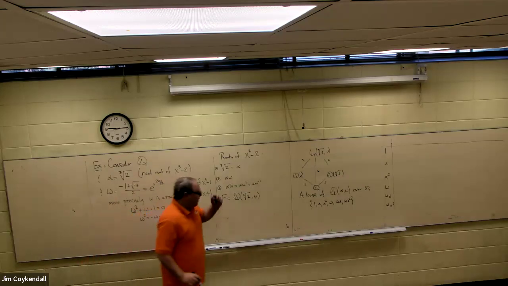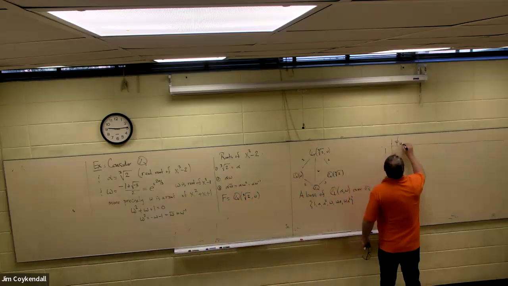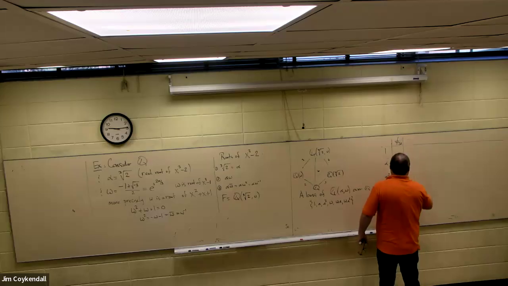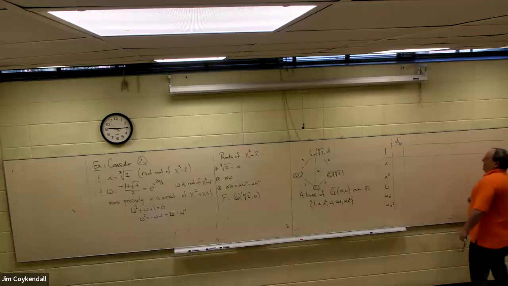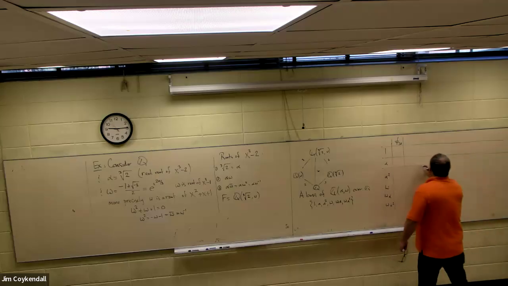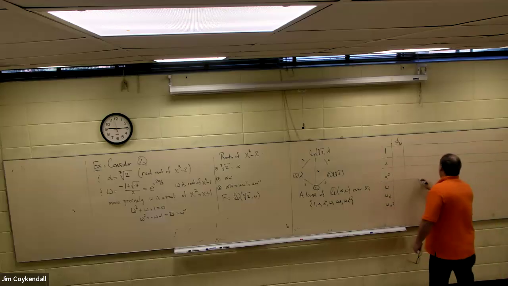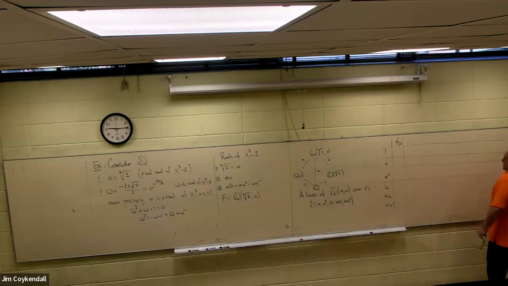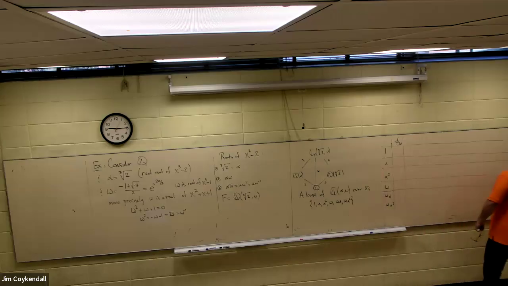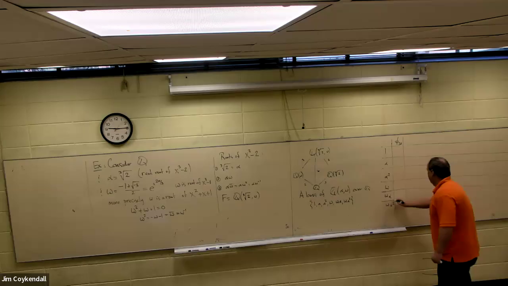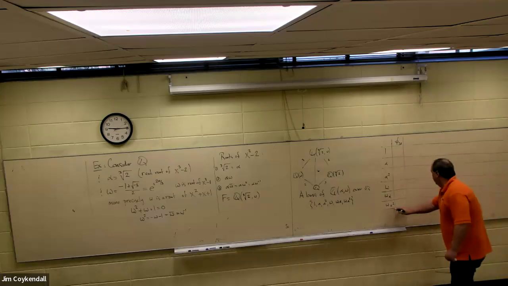So I'm going to call this one ID. And like I said, to understand what happens here, really all I need to know is what happens to alpha and omega, and I can kind of fill everything else in.